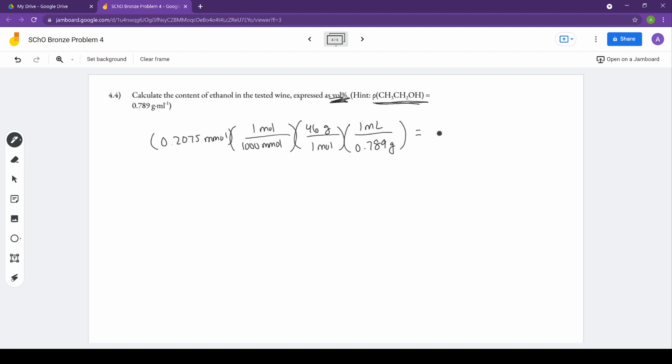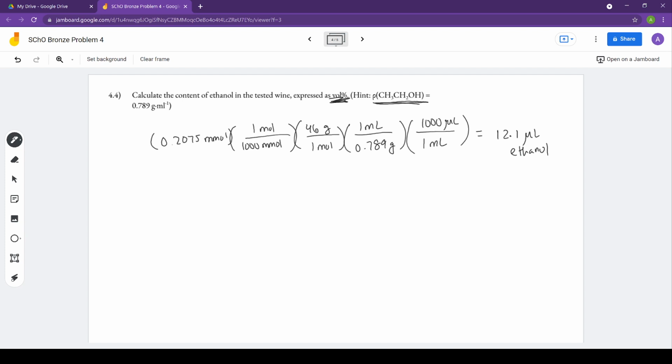In 1 milliliter, we have 1,000 microliters, because micro is 10 to the negative 6, milli is 10 to the negative 3. If we plug this all in, we get 12.1 microliters of ethanol.